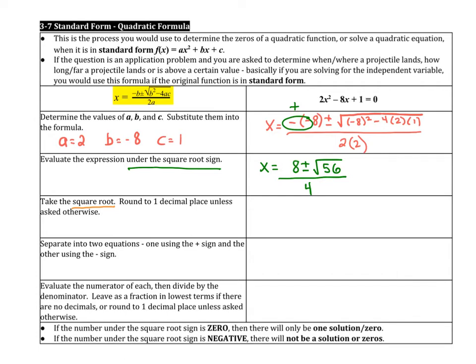So in this part, because we're going to have to round, we have to use approximate symbols. x is approximately equal to 8 plus or minus, and the square root of 56 is approximately 7.5, over 4. So please don't forget that you need those approximate symbols.